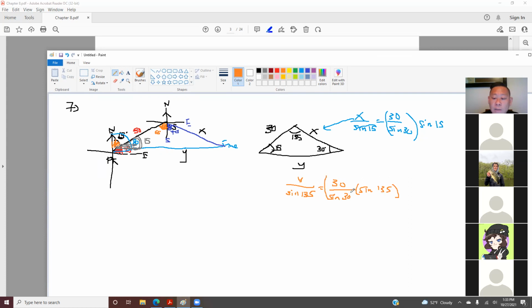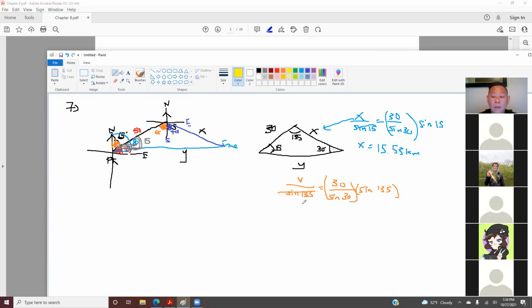Has anyone got an answer here for X and Y? 30 over sine 30 times sine 15. Anyone X? This is 15.53 kilometers.